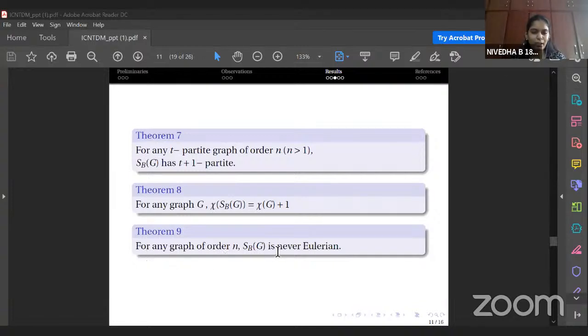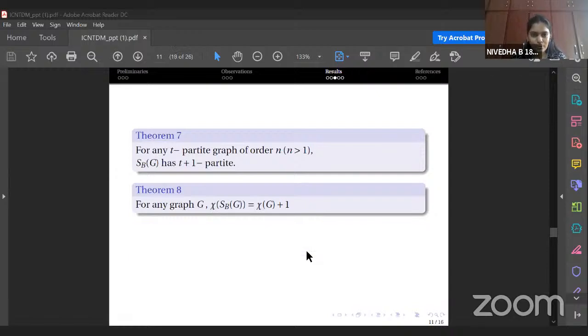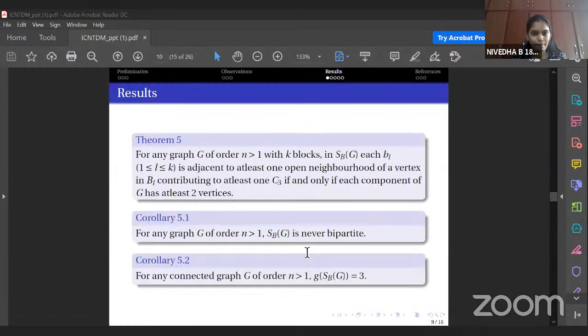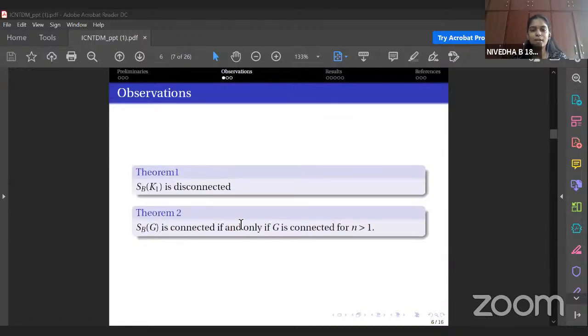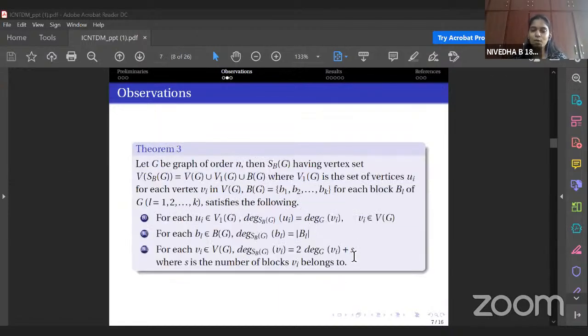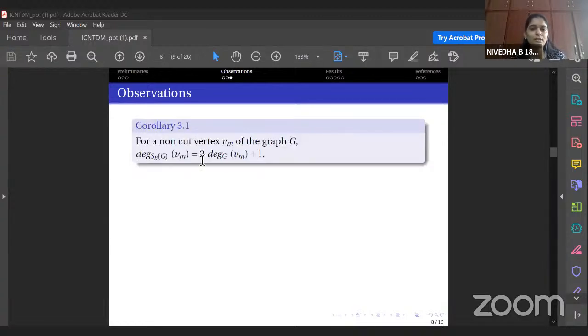It seems to be a very generalized statement, but it can be concluded directly from the degrees of vertices from theorem 3, because we know that every graph of order n at least 3 has a non-cut vertex. We know the degree of a non-cut vertex in SB of G is twice its degree plus 1, so this is going to be odd.